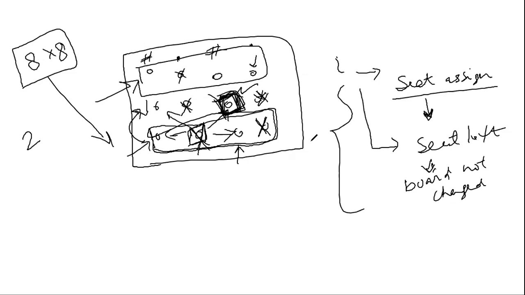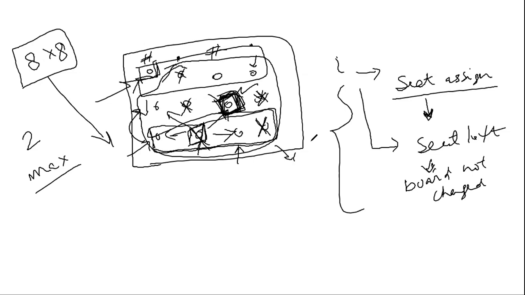So if there are these many seats, you make that decision 2 for all of those guys, and then you again try to solve the same problem. If I chose this guy, I still have to find the solution for this configuration again and keep a global maximum of what was the maximum number of students I was able to put on the board when I finally reach the end.